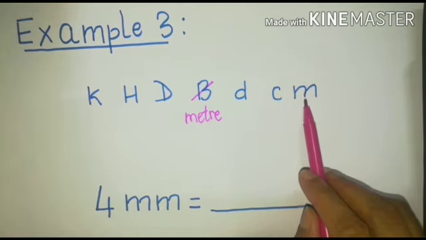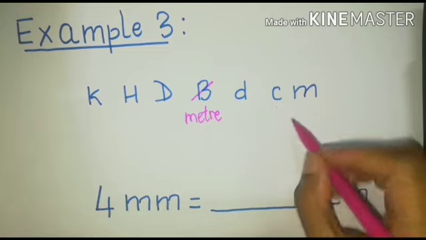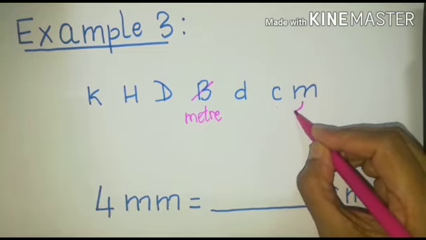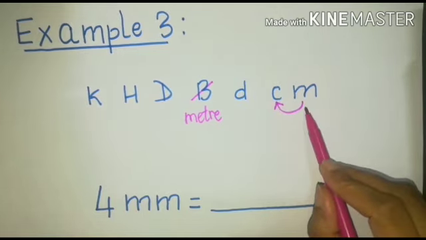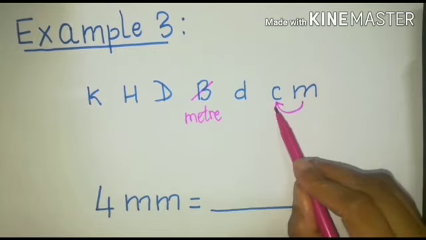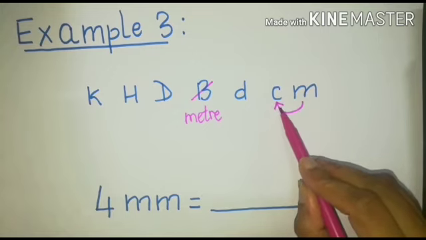So that means I have to move backwards in order to move from millimeter to centimeter. Remember that when you're moving backwards, try to write the jumps below the phrase.